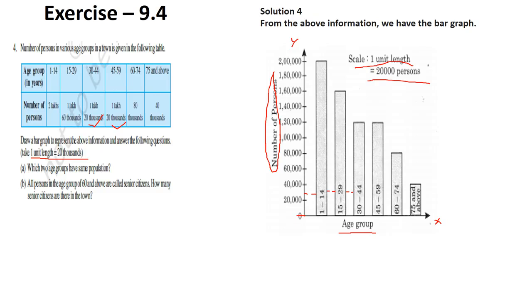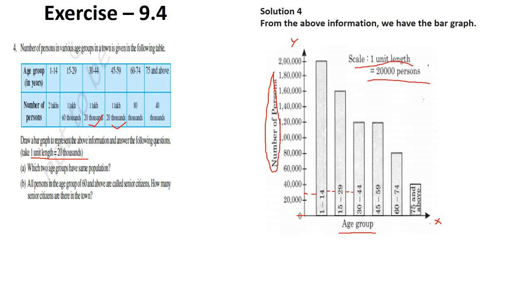So we will make the bars now. For the age group 1 to 14, it is 2 lakh. So we will go up to 2 lakh and make one bar here. Then 15 to 29, 1,60,000, second bar. Third age group, 30 to 44, 1,20,000.